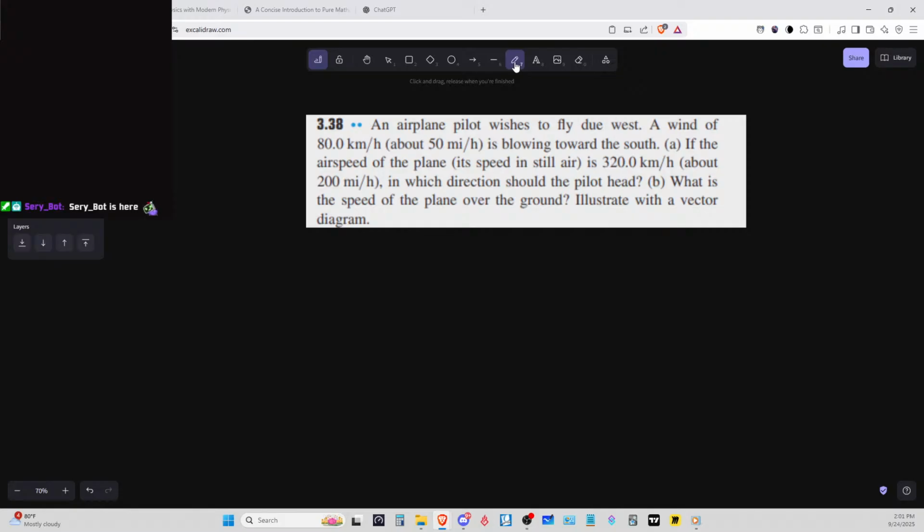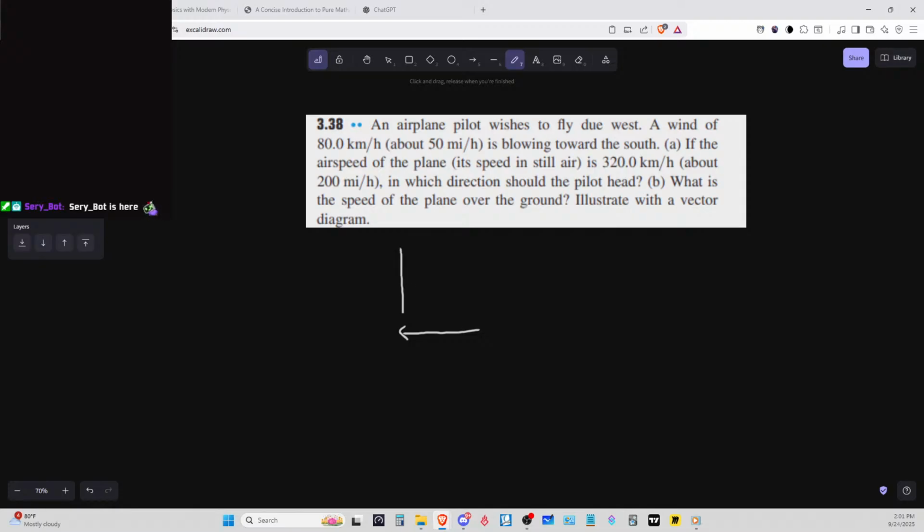Let's see. An airplane pilot wishes to fly due west. The wind is blowing towards the south. So we have a plane that's flying due west this way, and a wind blowing towards the south.